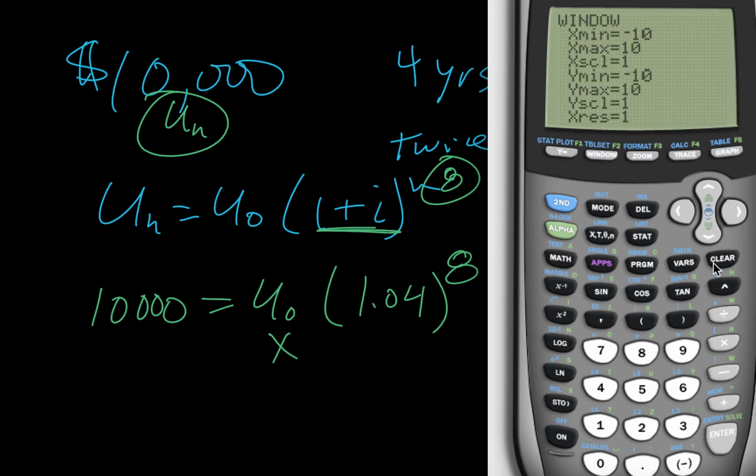So we want to make sure our y max can see that 10,000. So I'm going to say 11,000. And I'm guessing we'll need an x max of, let's say 100. Well, let's see. Probably more than that. Because how much would we need to invest? I don't know. I'm just going to say 1,000 to be safe. And we'll see what happens.